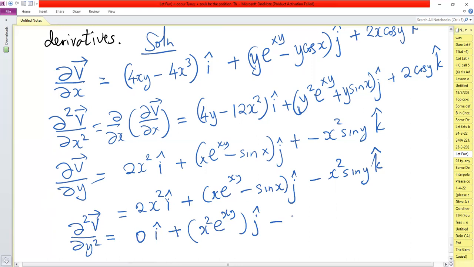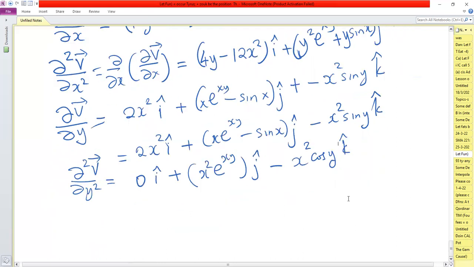Differentiating this part, we get negative x squared cosine of y k. So the answer is just x squared e raised to power xy j minus x squared cosine of y k. So that is partial squared v partial y squared.